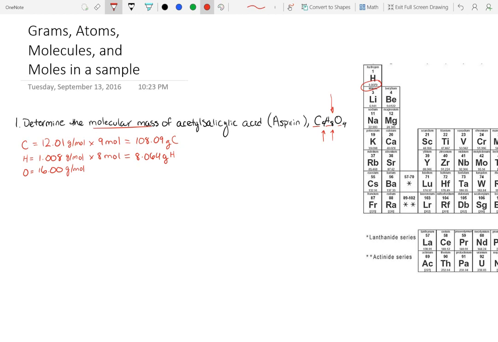Alright, so oxygen over here, so we see that oxygen has 4 moles within this 1 mole of molecules. So we're going to write times 4 moles, and that's going to give us 64.00 grams of oxygen. Alright, so now to determine the molecular mass, we have to add up all of these together.